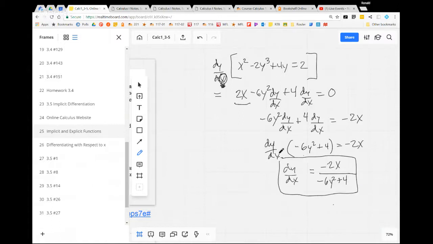So what's unusual is we now have a y in our derivative, but that's okay. Later on, they might give you a point to find. You know how before, when we found f prime of x, whatever it was, then we could find f prime at whatever value of x they asked you by substituting 3 in for x.